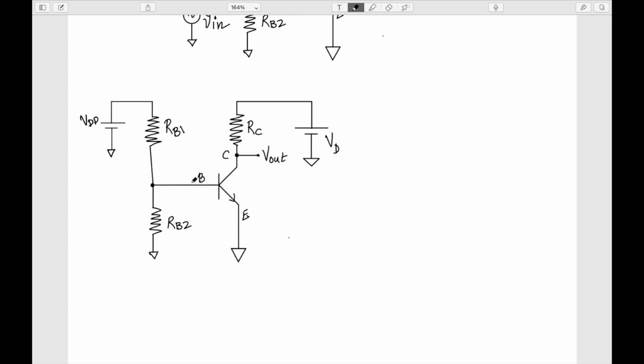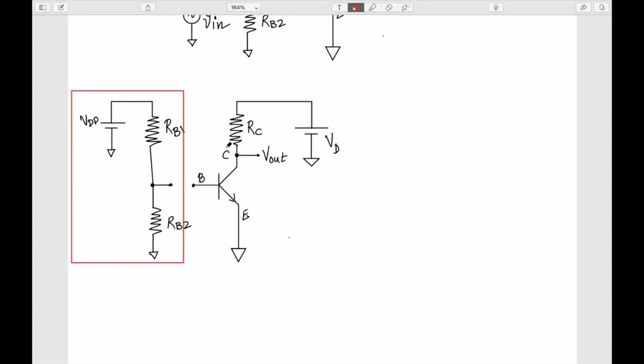Now I can just remove this line, so I'm breaking this connection. Here we are going to find the Thevenin's equivalent voltage and resistance of this whole portion.